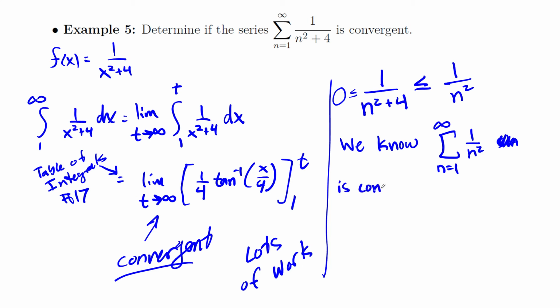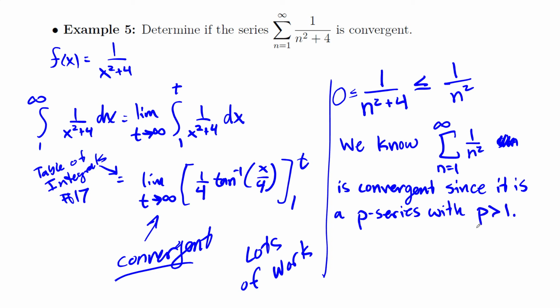It is convergent since it is a p-series with p greater than 1. But we also know that every single one of these terms is going to be smaller than its counterpart over here. So if adding up all these terms gives you a convergent series, then adding up a bunch of smaller terms has to also give you a convergent series, especially when they're all positive, right?